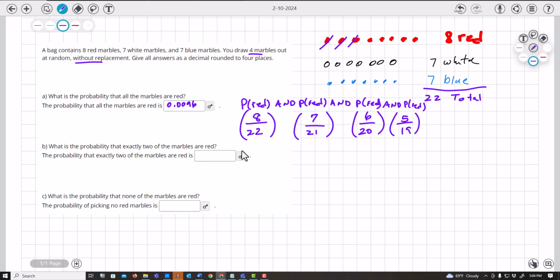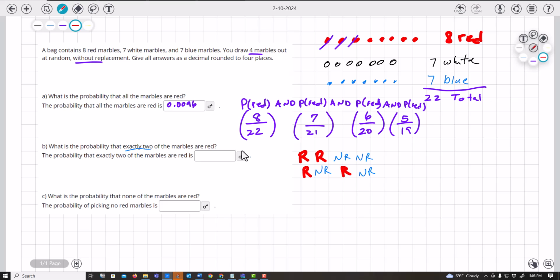Well, you have to be careful with something like this because exactly 2 doesn't tell you which 2, right? So I could have the first 2 red and then the next 2 not red. I could have the first and the third red, the second and the fourth not red.